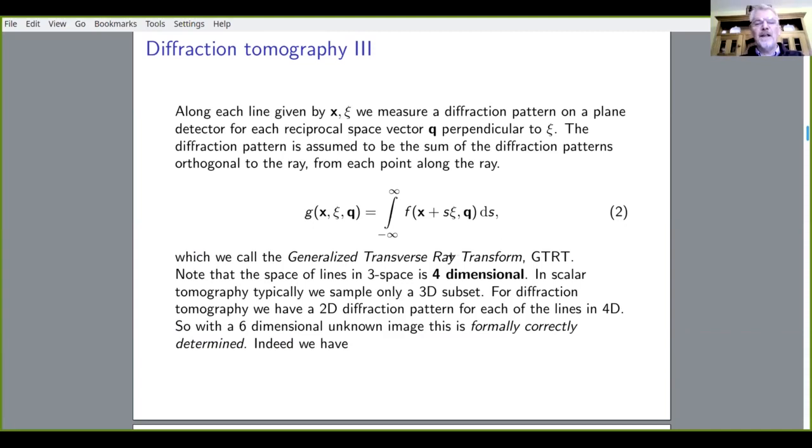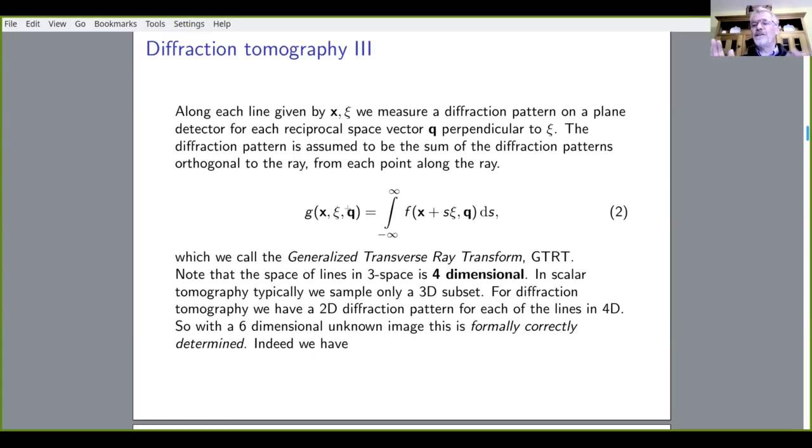So the data we get is the integral of f of x plus s xi along the ray at a q, but the q has to be perpendicular to the ray. So we're only getting the transverse part of it. So we call this a generalized transverse ray transform. And so our data is pairs of a line, a ray, and a vector you can think of as the coordinate on the screen of the diffraction pattern perpendicular to that.